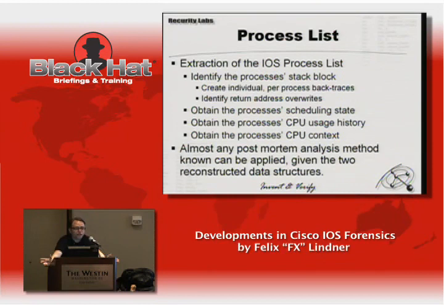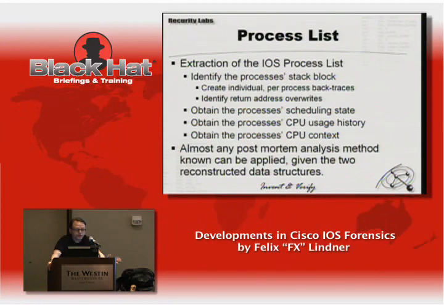In this way we can actually identify return address overwrites. Because if there is a return address on the stack that was just used, so it is above the stack pointer, which points into code that's not related to the process that the stack is related to, it stinks.